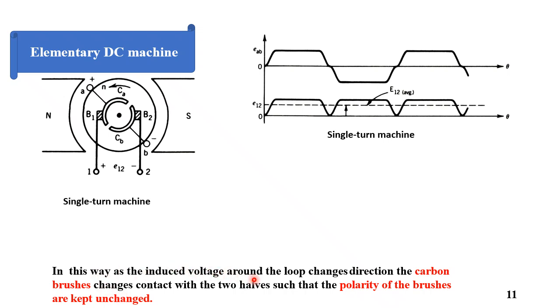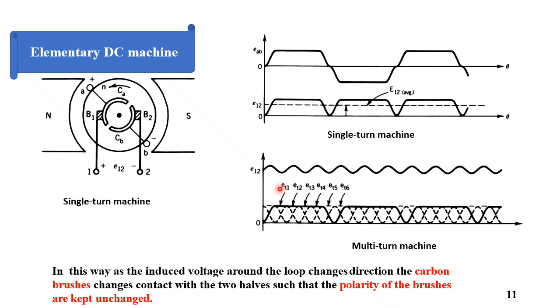In this way, the induced voltage around the loop changes direction. The carbon brushes change contact with the two halves such that the polarity of the brushes is kept unchanged. The polarity of the brushes is not changed. Only the polarity of the halves of the cylinder of the commutator terminals is changing.